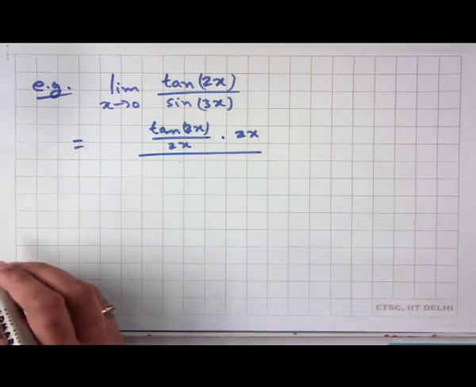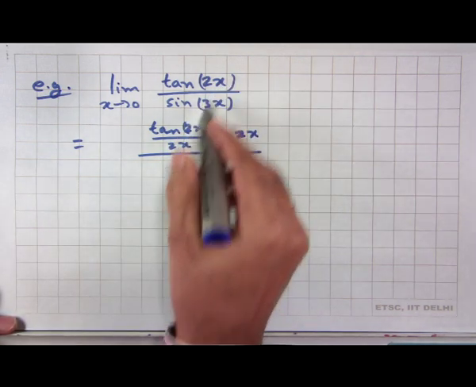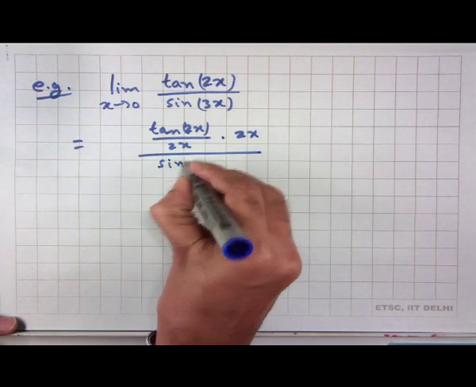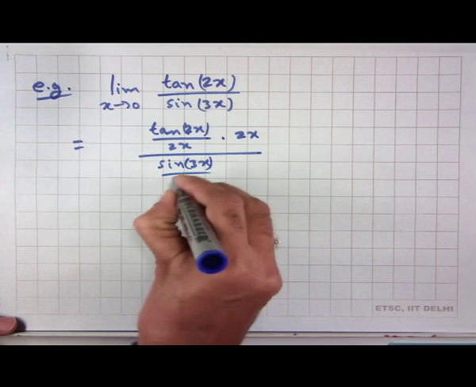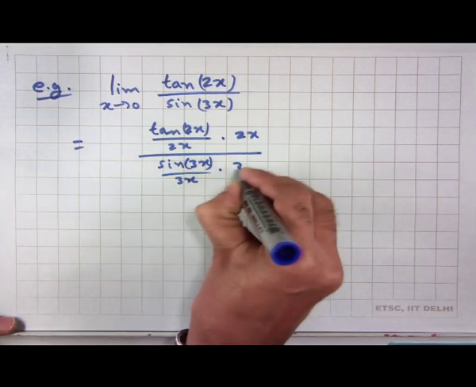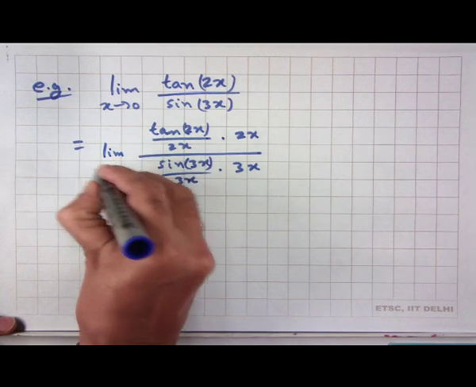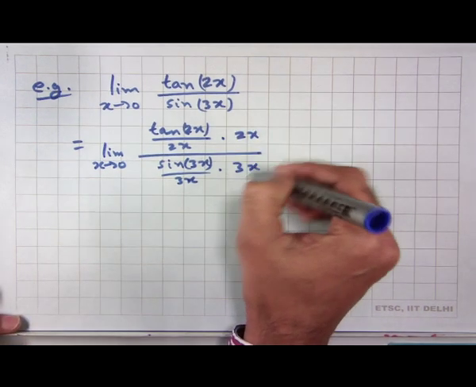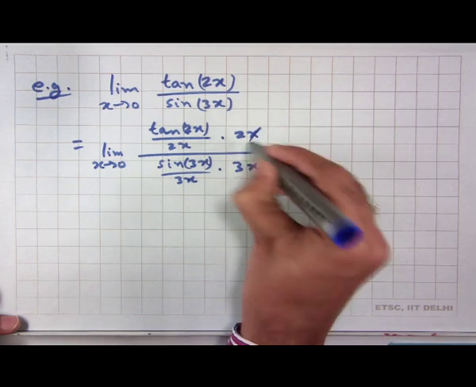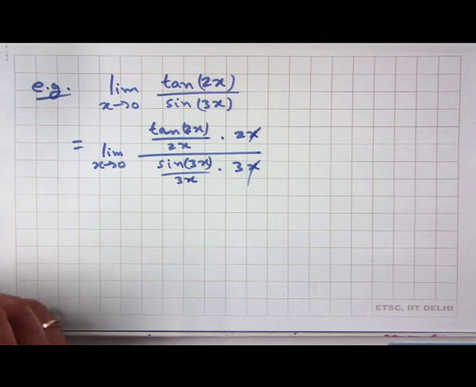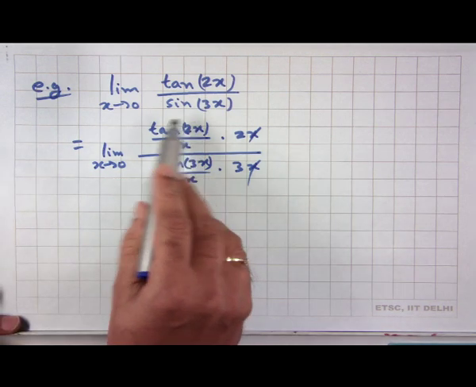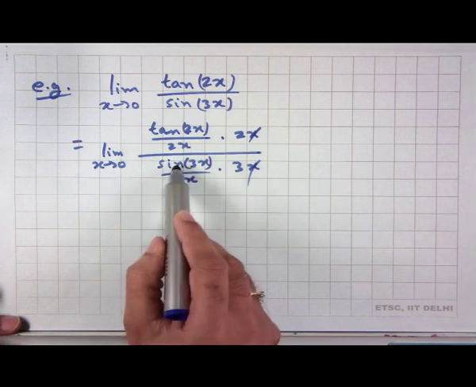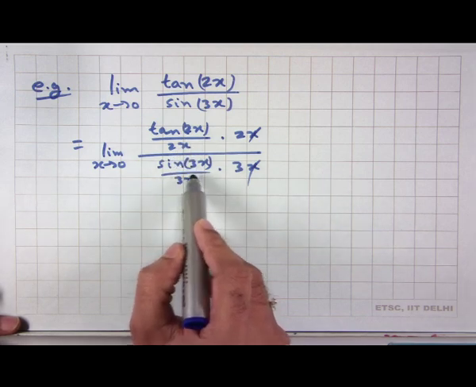If x is not 0, then I can write tan 2x as tan 2x by 2x times 2x. Similarly, sin 3x can be written as sin 3x by 3x times 3x, and then we take the limit as x goes to 0. Now, in this 2x by 3x, if x is non-zero, I can cancel the x, and then we know the limit of tan y by y as y approaches 0 is 1, and the limit of sin y by y as y approaches 0 is also 1.